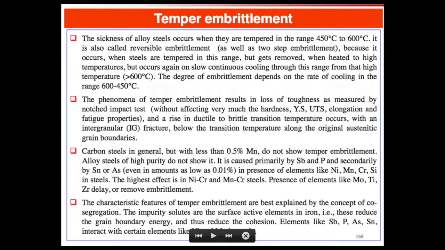Okay, so on Wednesday, we left off right at temper-martensite embrittlement, or irreversible embrittlement, and then we had just finished off by talking about temper embrittlement, which is sometimes called reversible embrittlement or steel sickness.